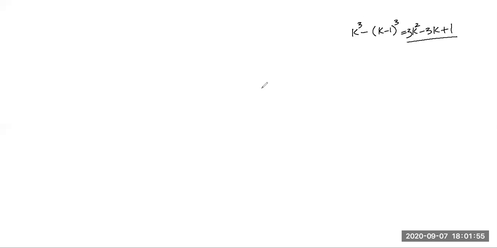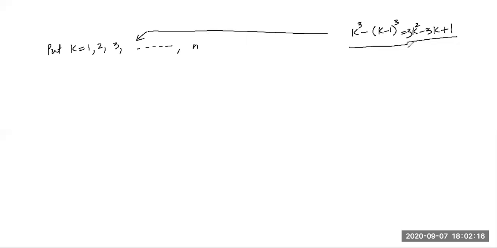Now this is the formula we have learned. Students, here, let's put k is equal to 1, 2, 3 till n. In this formula, please put 1 everywhere.